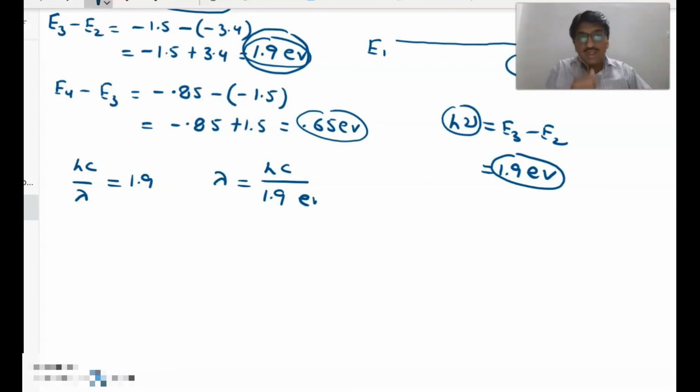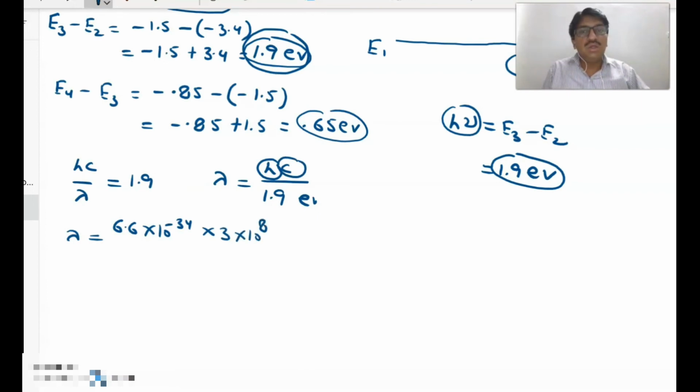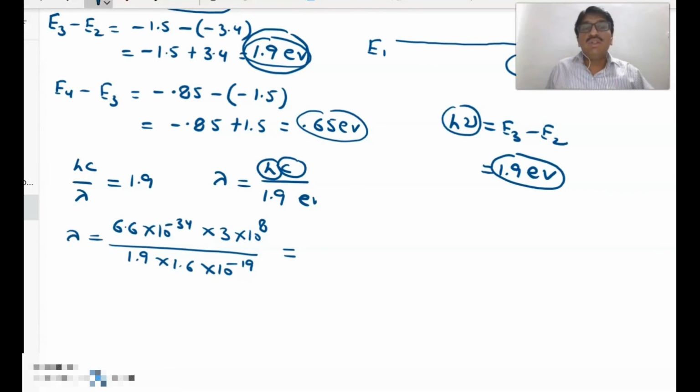Lambda equals h, which is 6.6 into 10 to the power minus 34, times c, which is 3 into 10 to the power 8, upon 1.9 electron volt in joule. We can convert by multiplication of 1.6 into 10 to the power minus 19. And the wavelength of the emitted photon during the transition of third to second should be equal to 6513 angstrom.